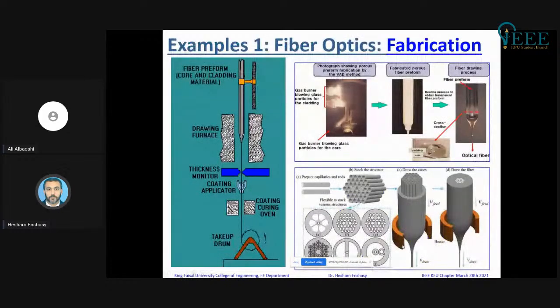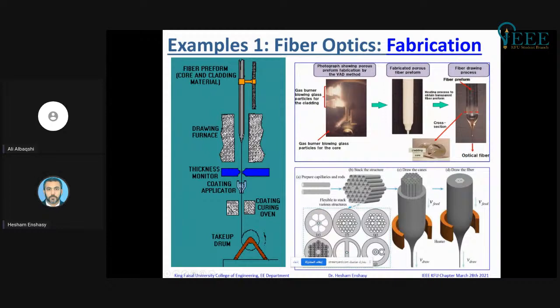So how are fiber optics fabricated? Fiber optics are fabricated with a very simple, however very precise technology. Basically, they make the fiber optics from glass.